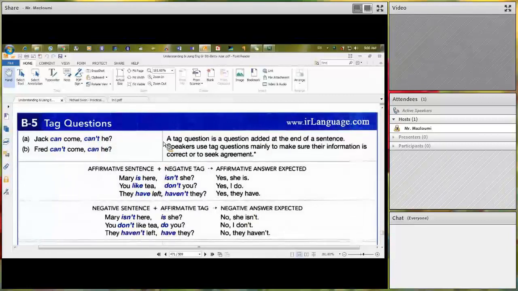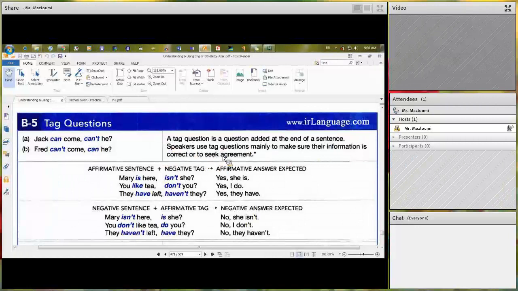Well, everyone, we call can't he and can he here at the end of these two statements tag questions. So what is a tag question? A tag question is a question added at the end of a sentence. So we have them at the end of these sentences.